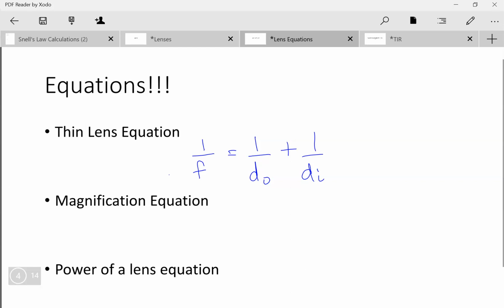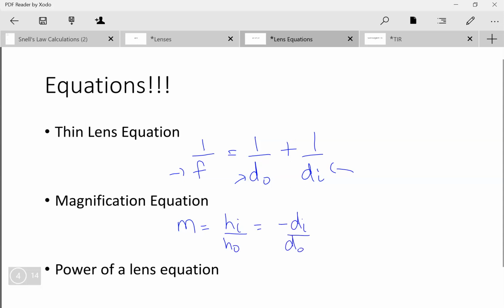Again, f, focal length, do, distance of object from lens, di, distance of image from lens. Magnification equation is m equals hi over ho equals negative di over do.